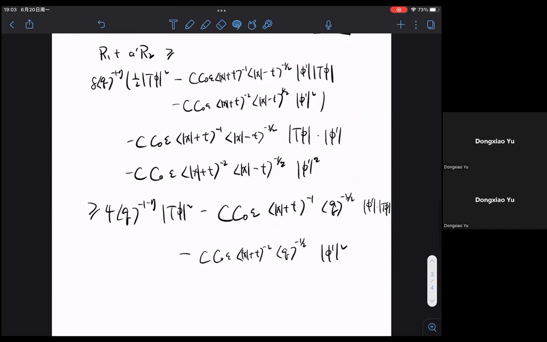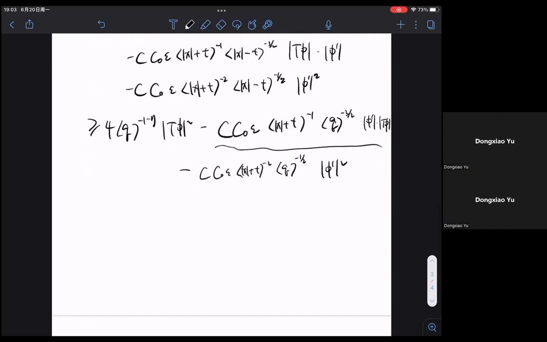Okay, so I now get a lower bound for R1 plus A prime times R2. It would still be better to do one more step. That is, let's consider the second terms here, using the average inequality, something like A times B is less than or equal to A squared C inverse plus C B squared, where C is a large constant.